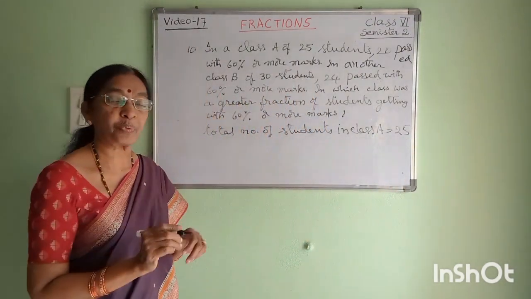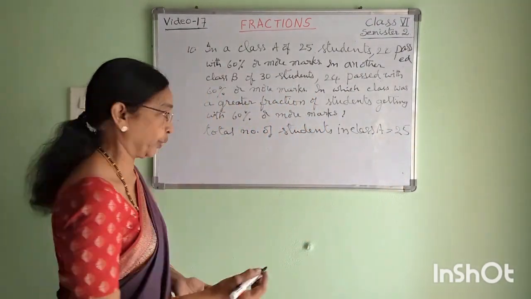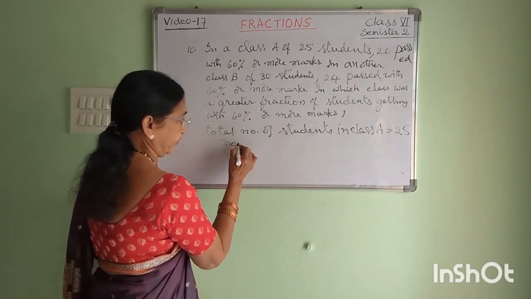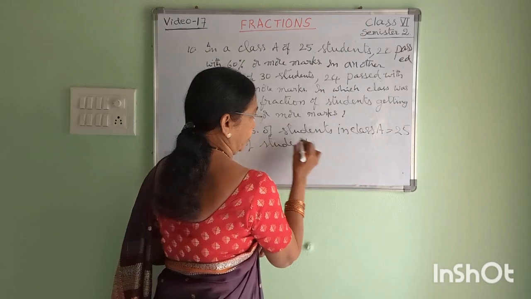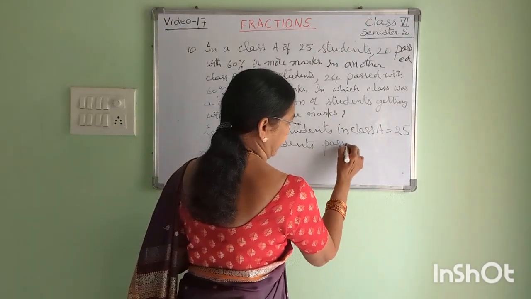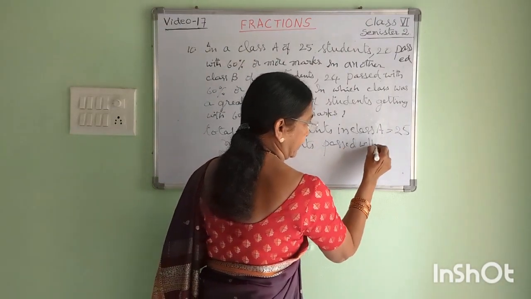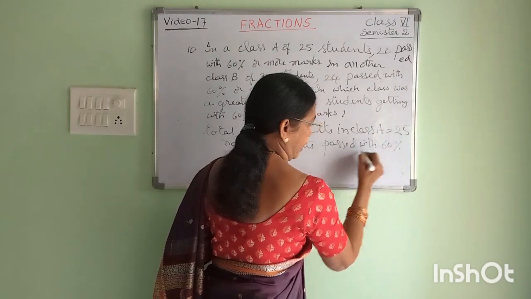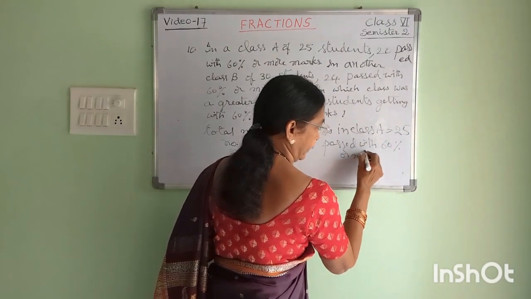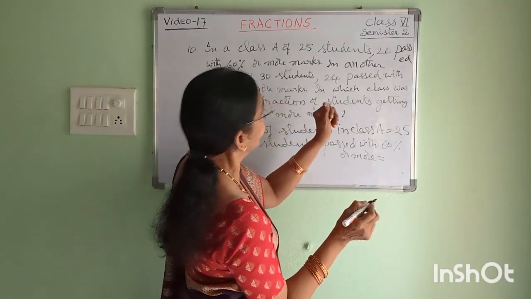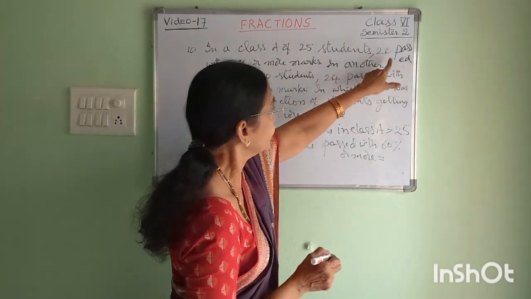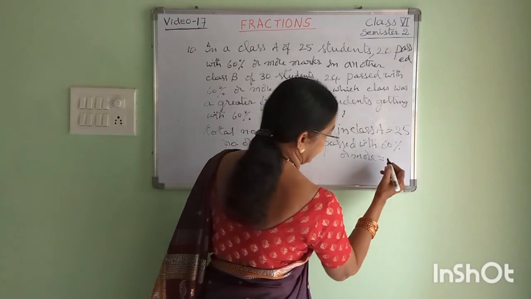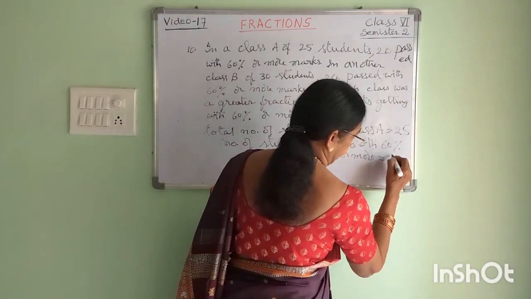Number of students passed with 60% or more is equal to 20.